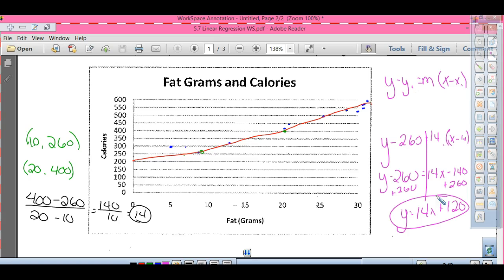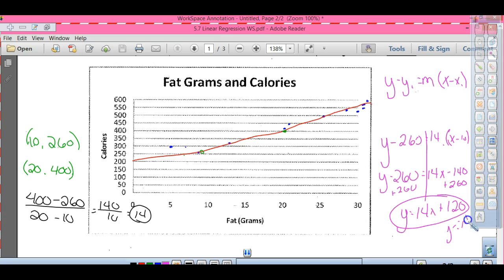It means that if there are 0 grams of fat, say you're having a salad or something, how many calories are there going to be? 120 calories.